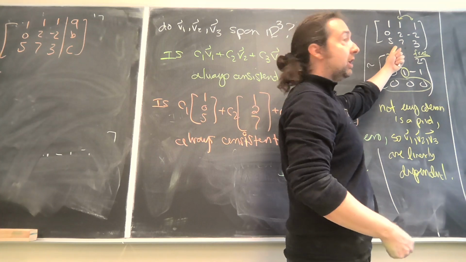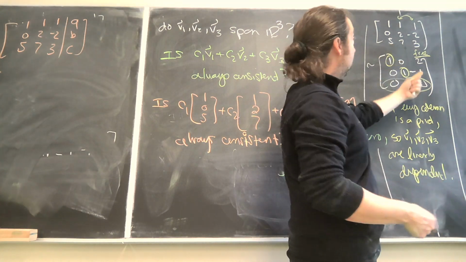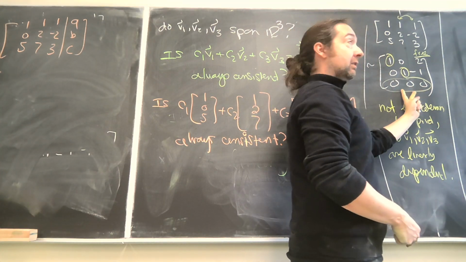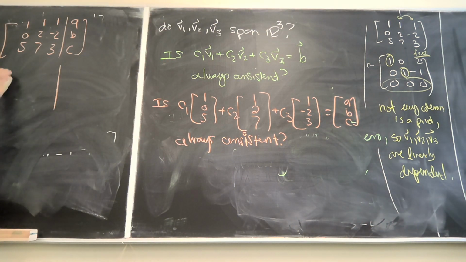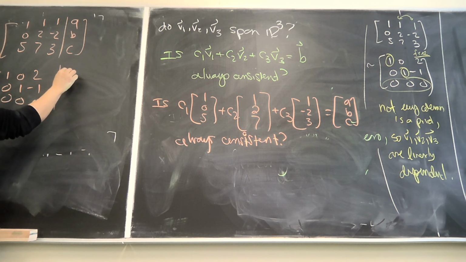The columns don't change with row operations. So if this matrix row reduces to this, in the augmented matrix, it's going to row reduce to the same thing: 1, 0, 2, 0, 1, -1, 0, 0, 0. And then over here is going to be combinations of A's, B's, and C's.